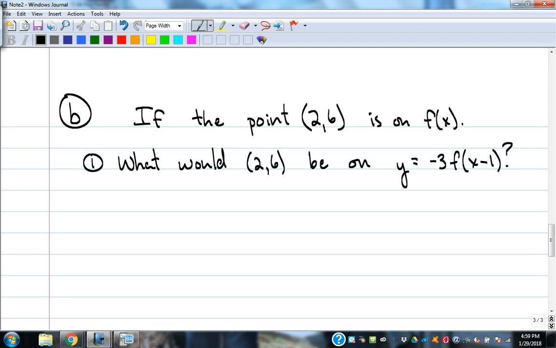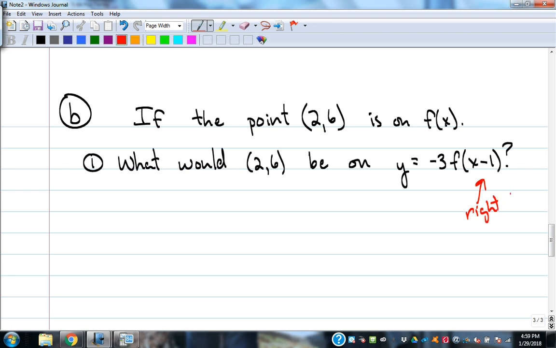So we've got to think what transformation or translation is happening on our function. What does this tell us? What does the minus 1 tell us? It's horizontal. How much? In which direction? Right 1, yeah, because it's a minus.